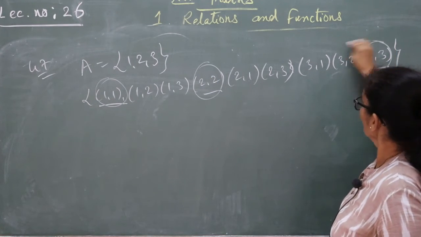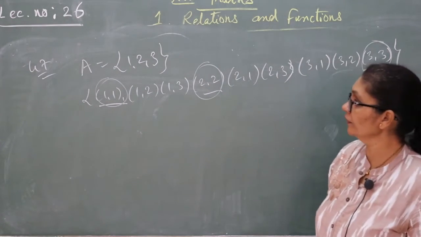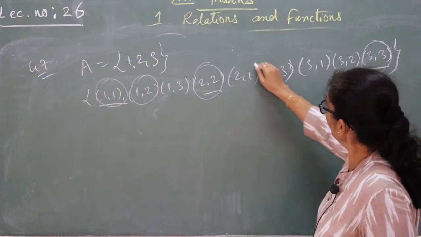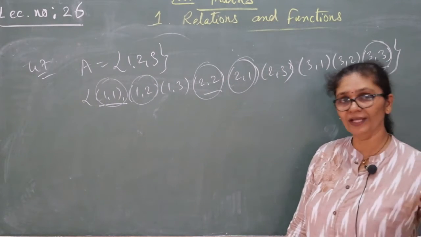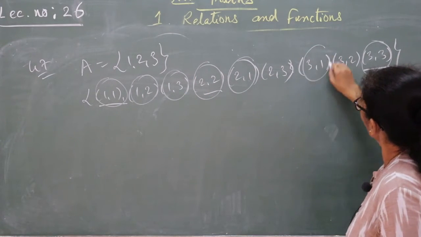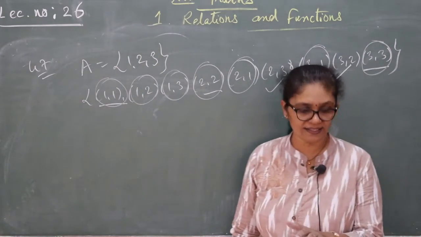But the second thing, commutative, or you can say symmetric. If (1,2) is there, then definitely (2,1) must be there. Then only you can say symmetric. If (1,3) is there and you have (3,1), then symmetric. If (2,3) is there and (3,2), then you can say symmetric.